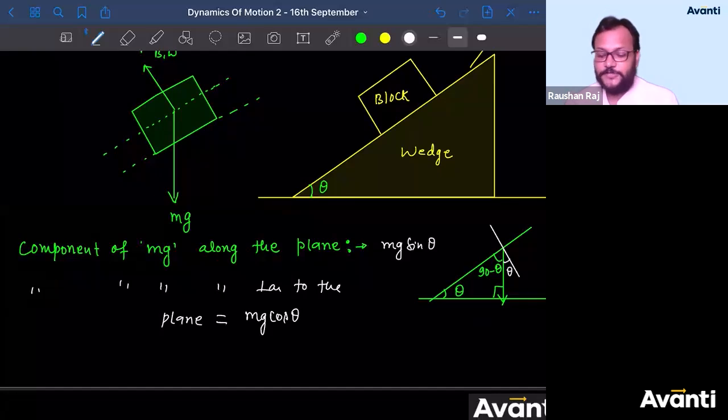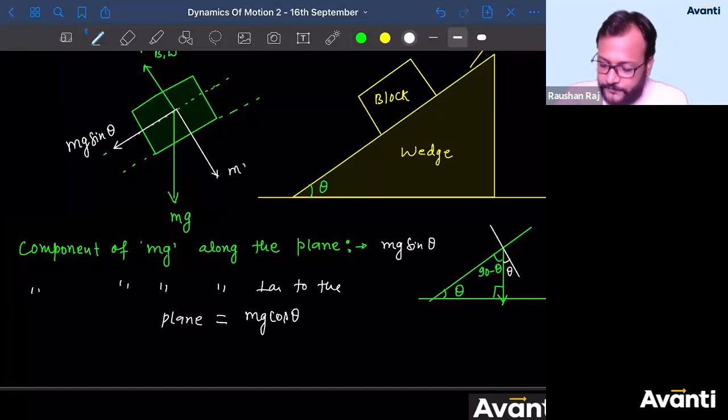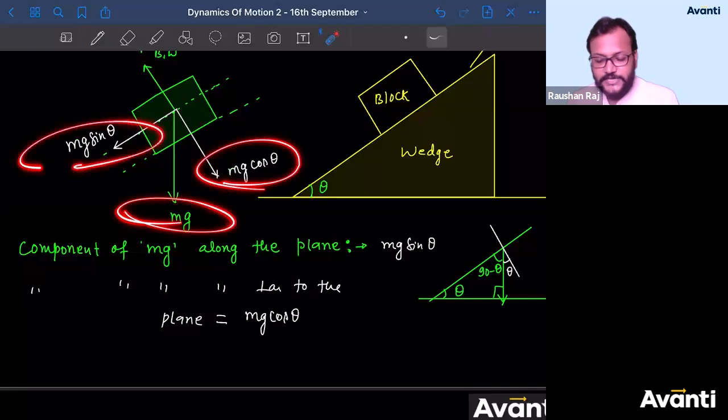So sometimes you can also represent the free body diagram like this. This is mg sin theta. This is mg cos theta. But do I need to represent all these three forces, guys?